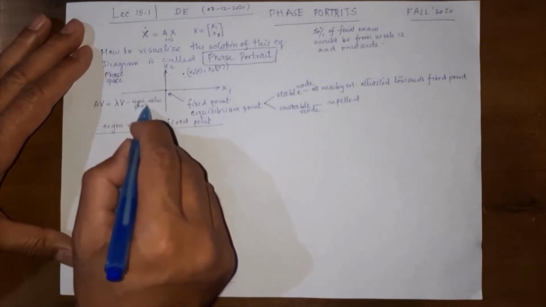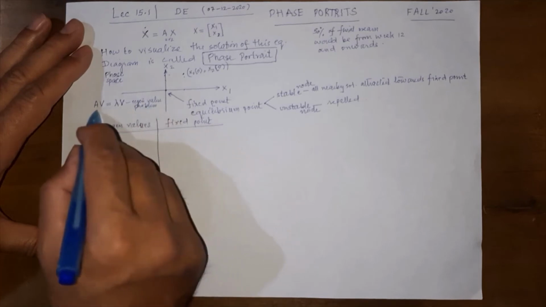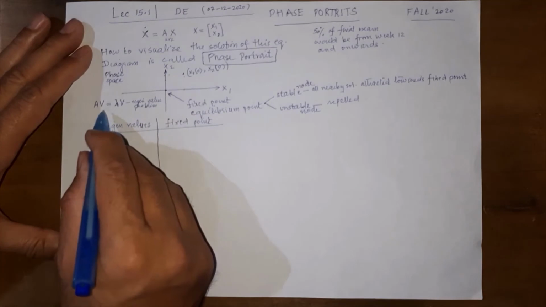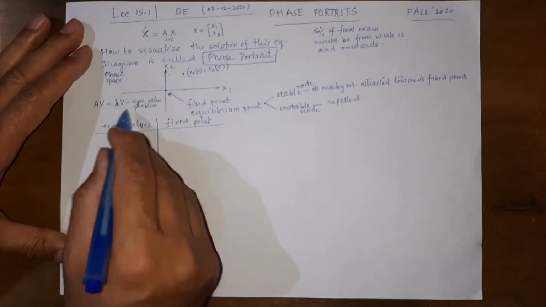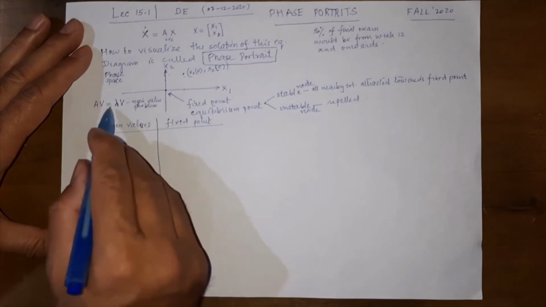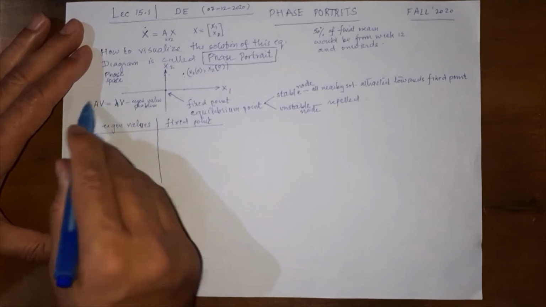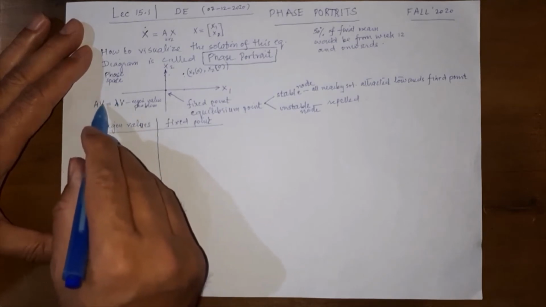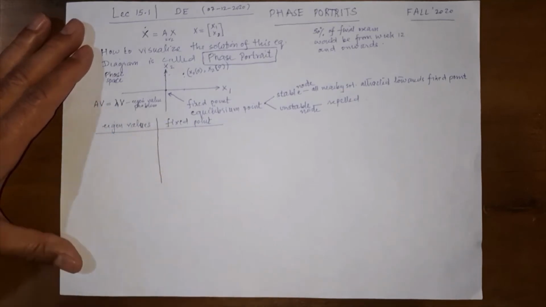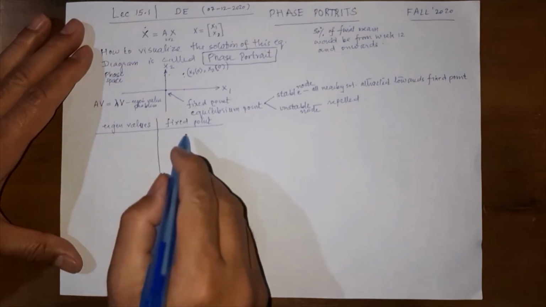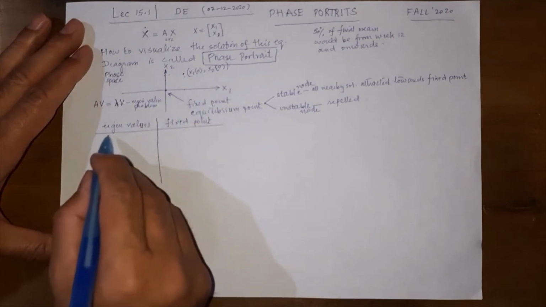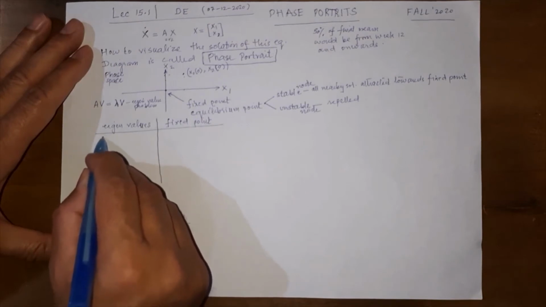We can solve for values of lambda first using the determinant of A minus lambda I equal to 0, which gives the eigenvalues, and then using that eigenvalue and this equation we can find the eigenvectors. So basically eigenvalues are what is going to determine the nature of the solution or the phase portraits. Eigenvalues can either be real and distinct.